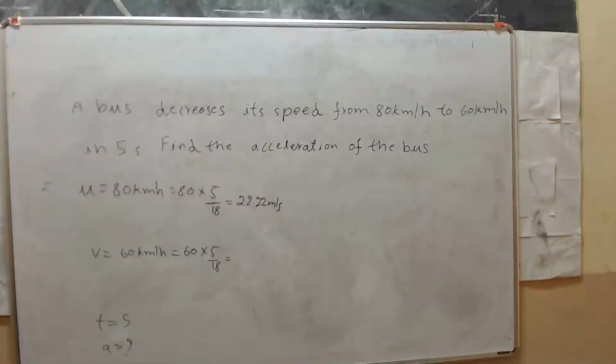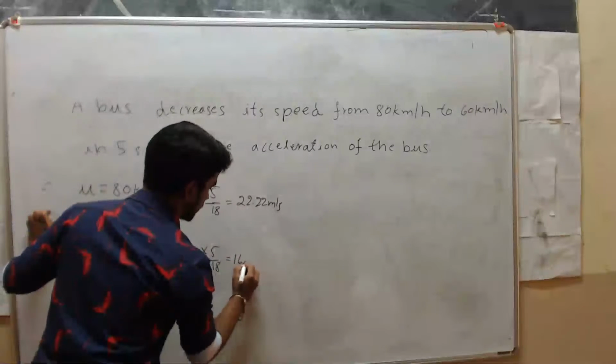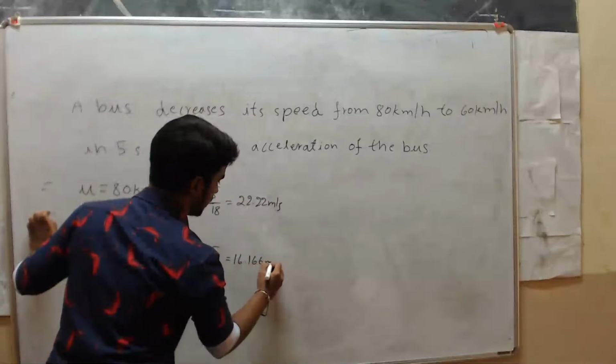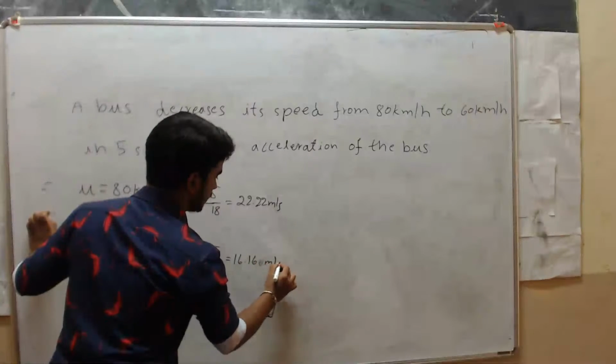What is the final velocity? So initial velocity is 22.22, and final velocity is 16.166 meter per second.